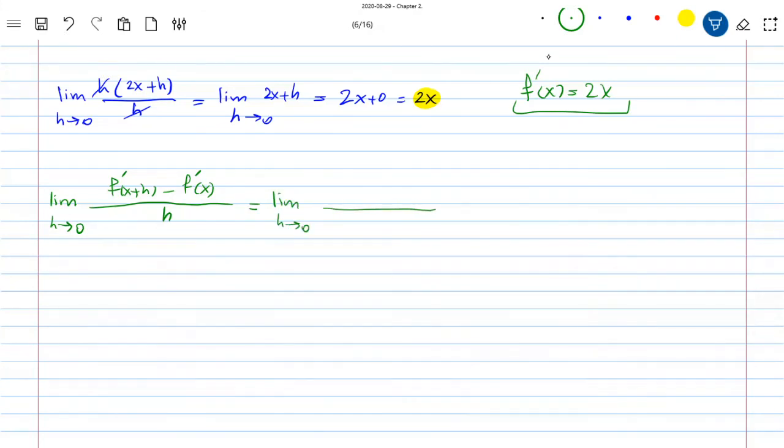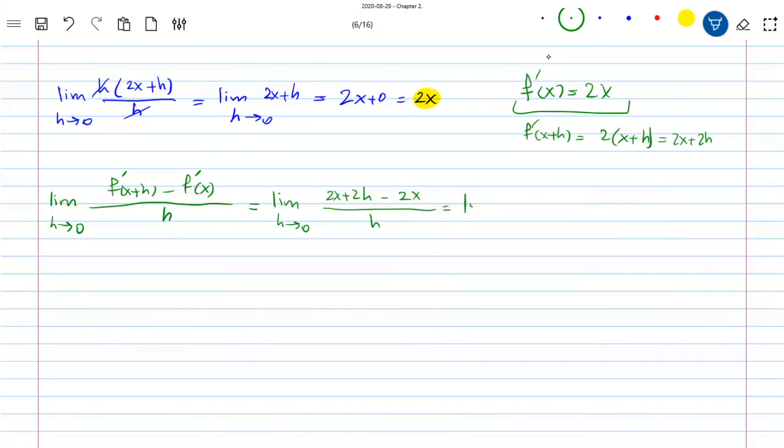We need to figure out what f prime of x plus h is. So f prime of x plus h would be 2 times x plus h, which is 2x plus 2h. It would be 2x plus 2h, minus f prime of x, which is 2x, all divided by h.